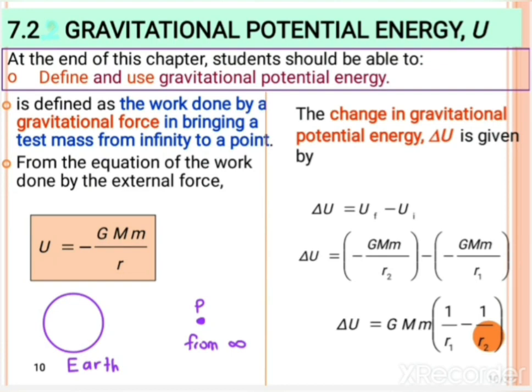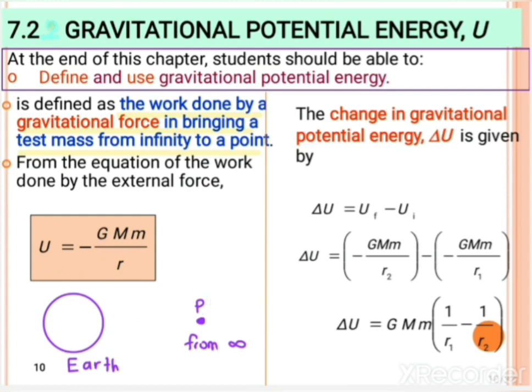Okay, subtopic 7.2 is about gravitational potential energy U. What is U? It is defined as the work done by a gravitational force in bringing a test mass from infinity to a point, let's say this point P. This one is Earth. So surrounding Earth, we have gravitational acceleration, or gravitational field.